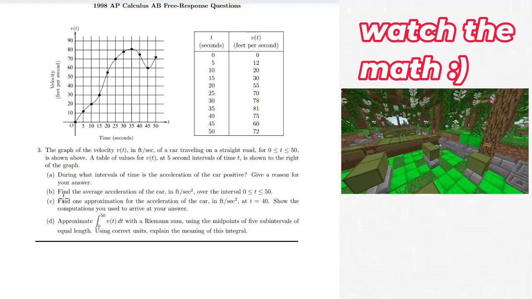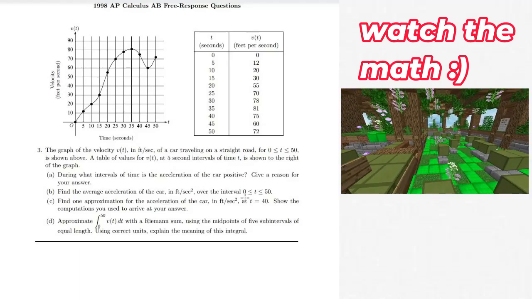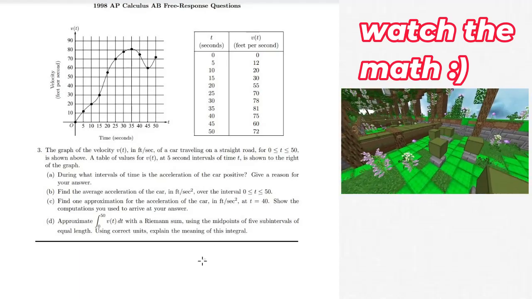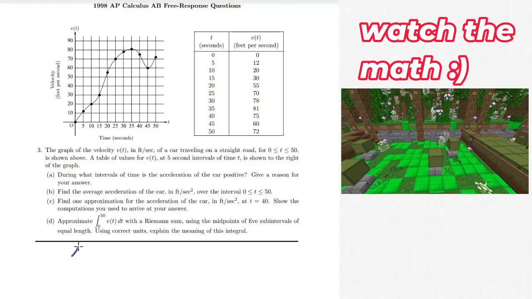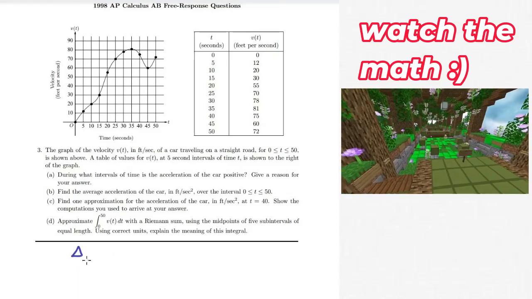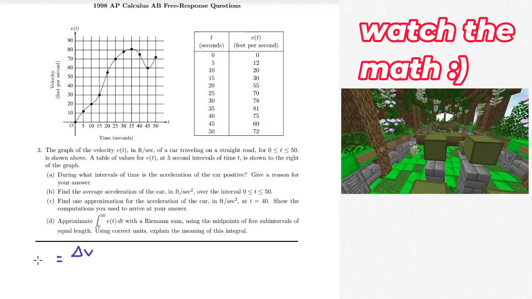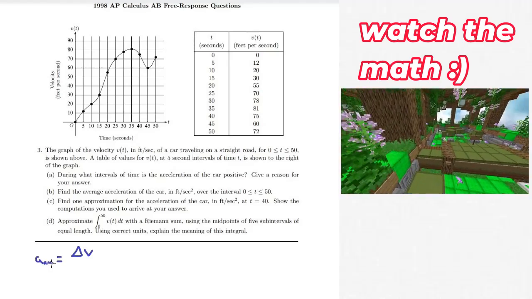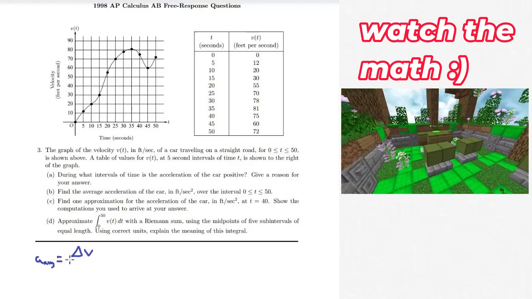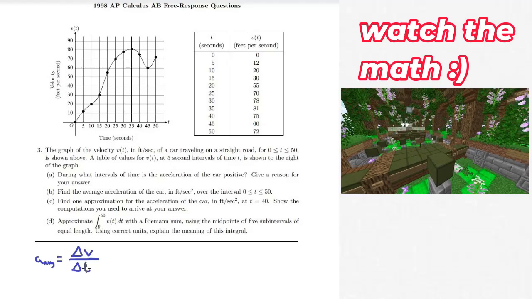Part B, find the average acceleration of the car in feet per second squared over the interval of 0 to 50. So basically what you need to remember for this, if you're a physics person or however you want to remember it, is that average acceleration, we'll just do AVG down here, is the change in velocity over the change in time.